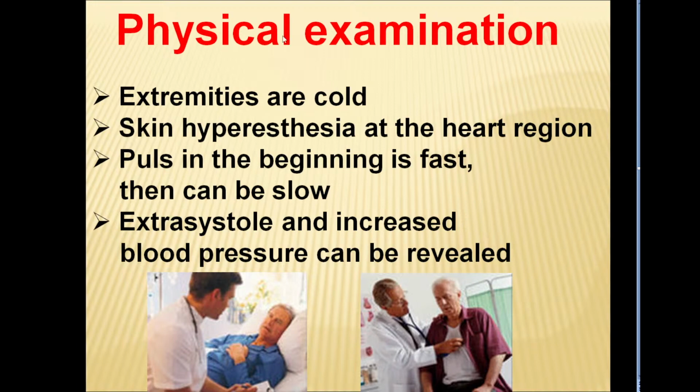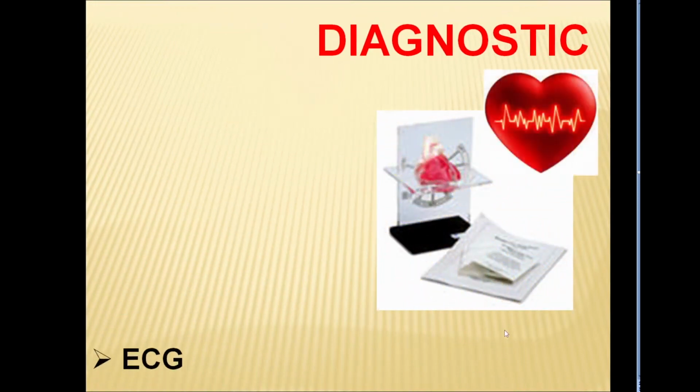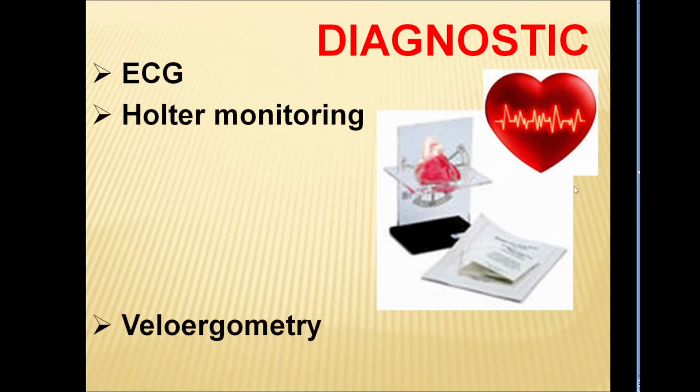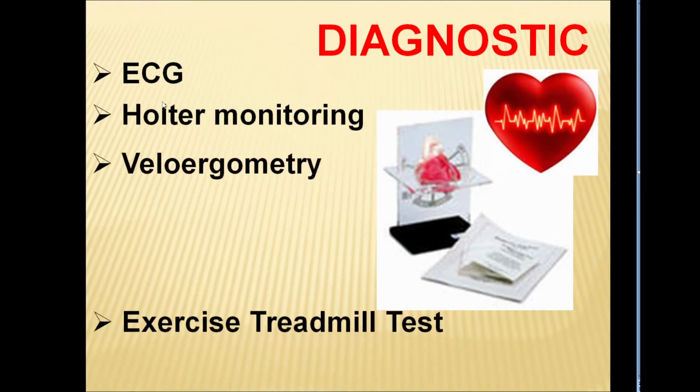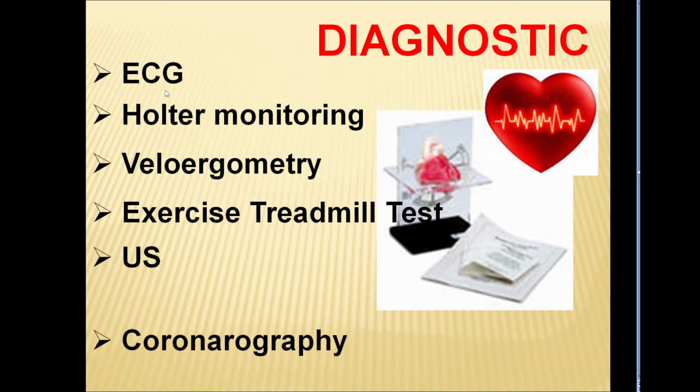But I'll again pay your attention: all these symptoms appear only during attacks of pain. The patient must be near the doctor. For the diagnosis, we'll use ECG, but it has high diagnostic value only during attacks of pain.